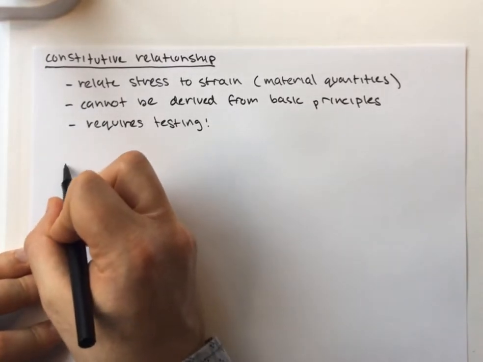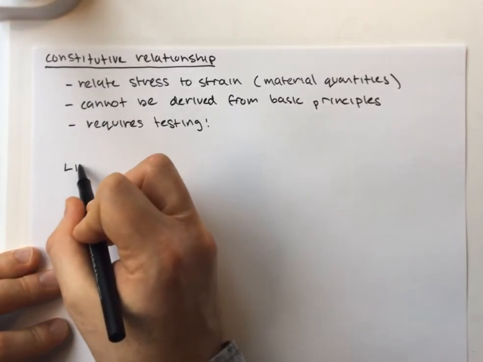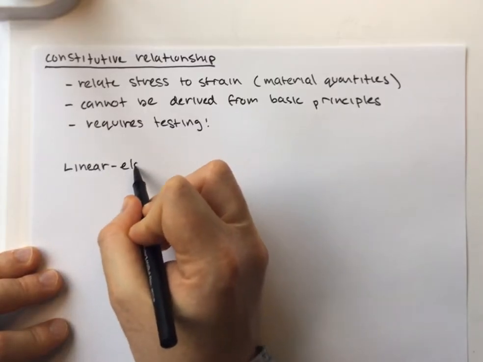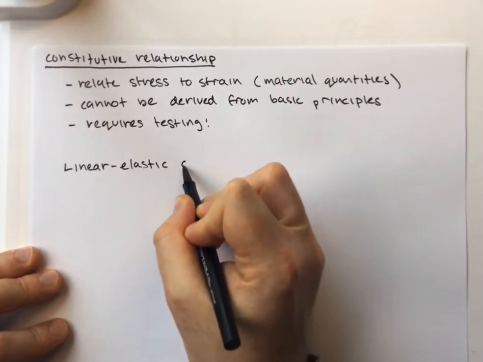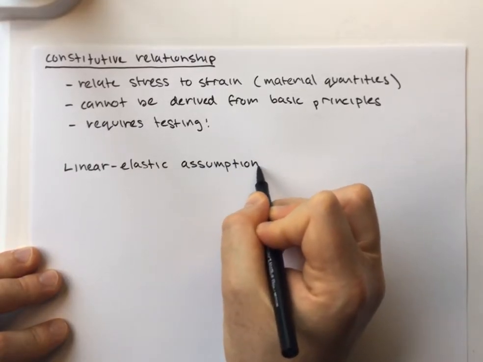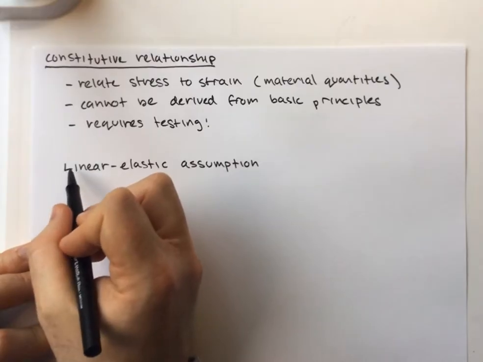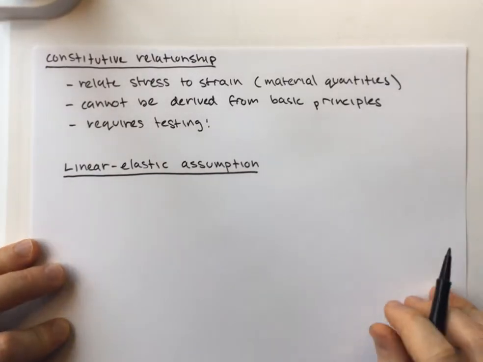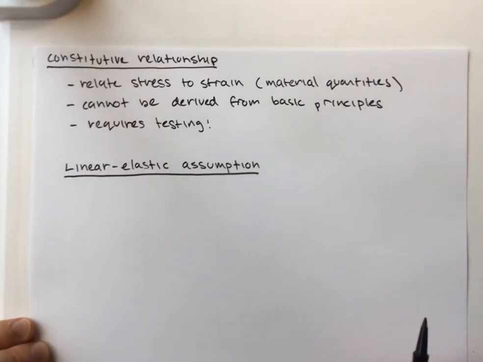For a lot of what we're going to be doing in this class, we're going to make a simplifying assumption. And that is that most materials, if you don't press them too far, behave in a linear elastic fashion.